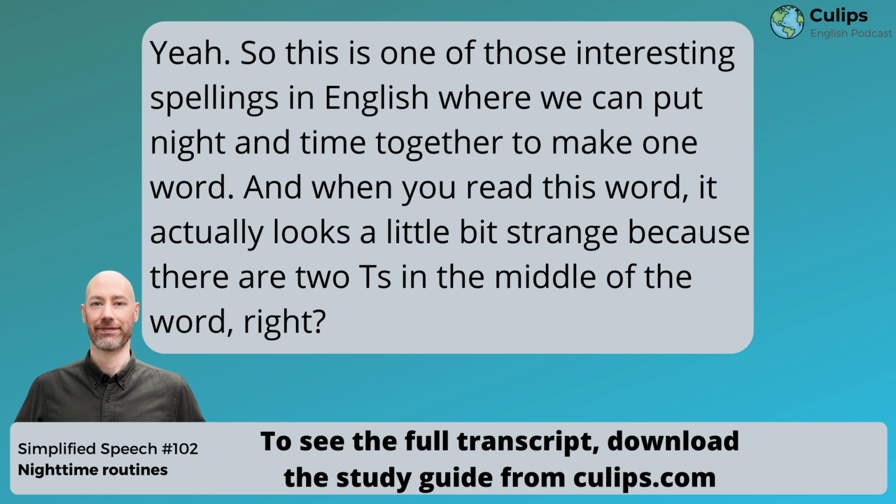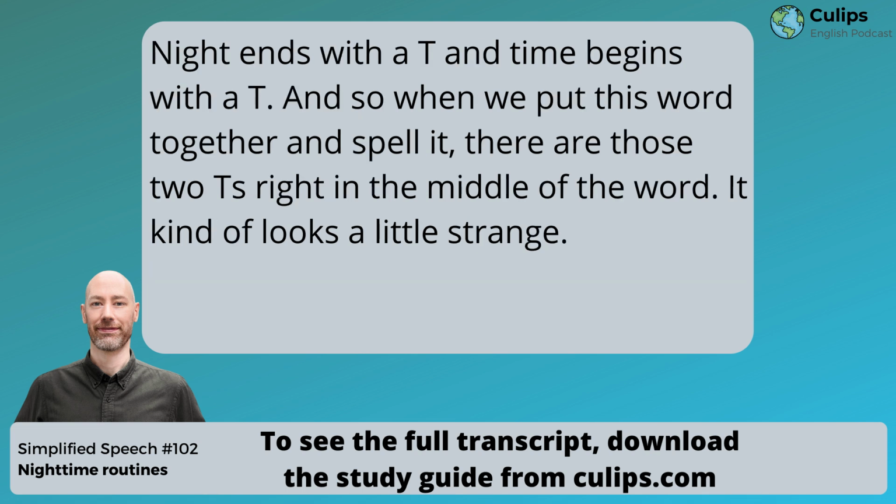And when you read this word, it actually looks a little bit strange because there are 2 T's in the middle of the word, right? Night ends with a T and time begins with a T. Mm-hmm. And so when we put this word together and spell it, there are those 2 T's right in the middle of the word. It kind of looks a little strange.